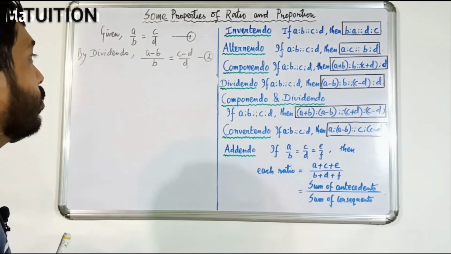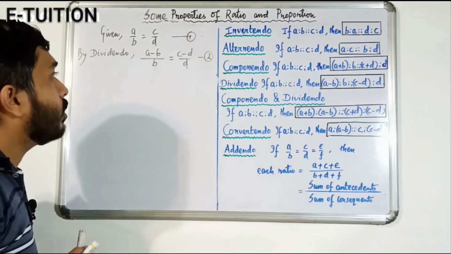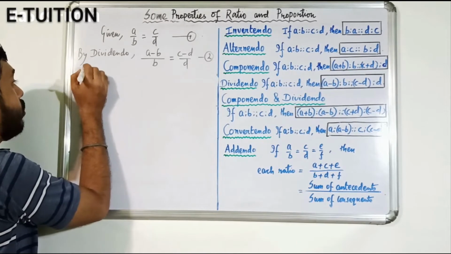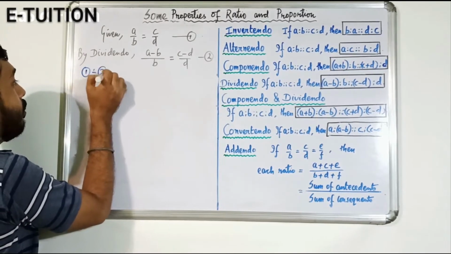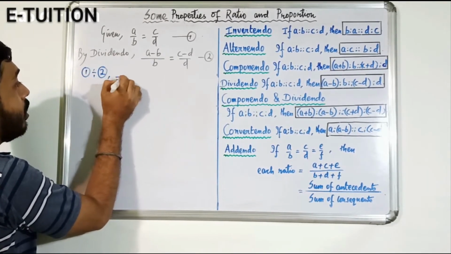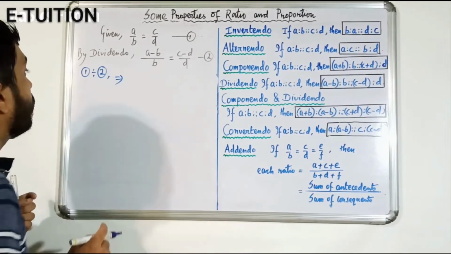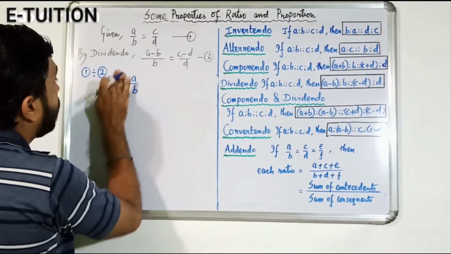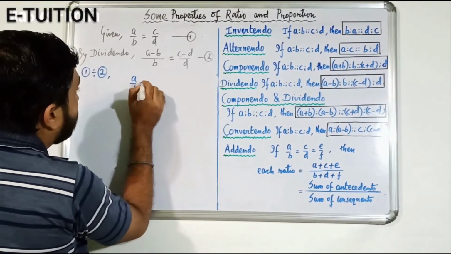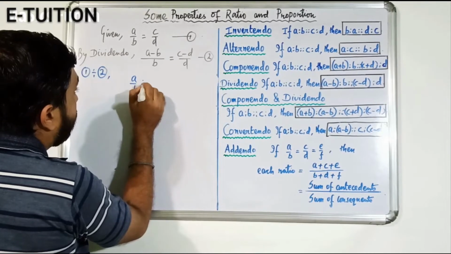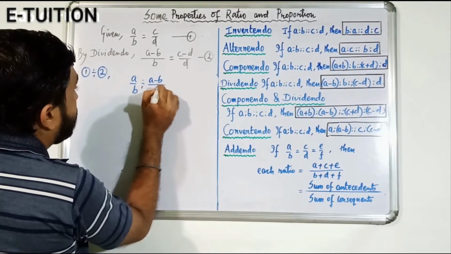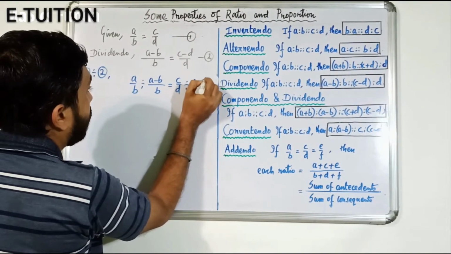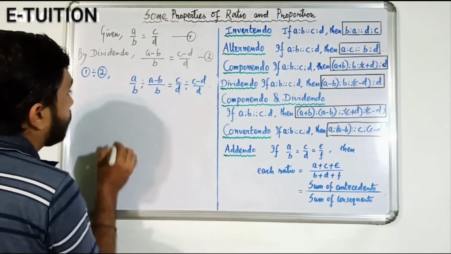Now all you have to do is divide equation 1 by 2. That will give you A by B divided by (A minus B) by B equal to C by D divided by (C minus D) by D. Okay.